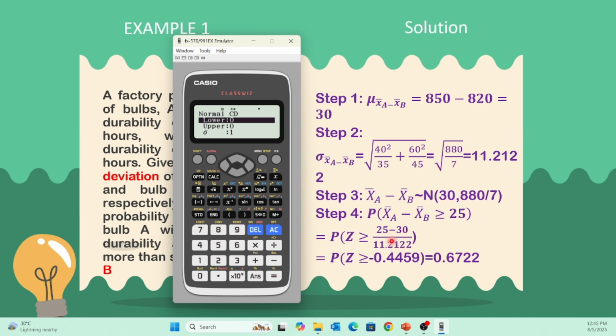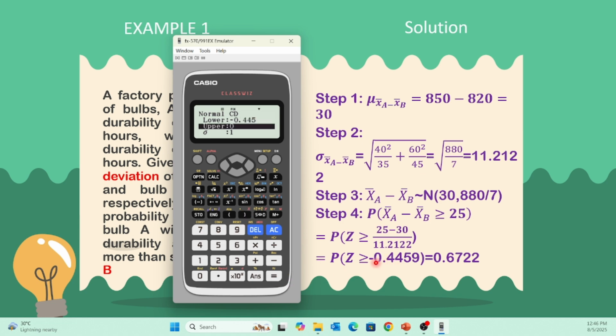I will key in the original value, which is 25 minus 30, divided by the square root of 880 divided by 7, to key in the exact value.